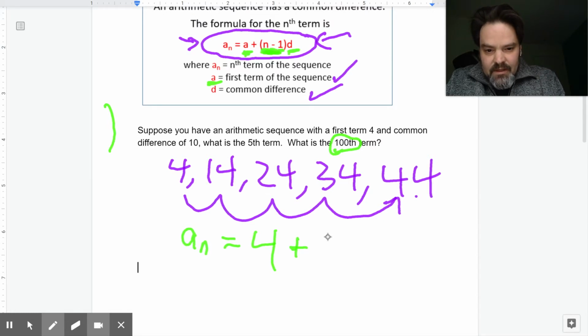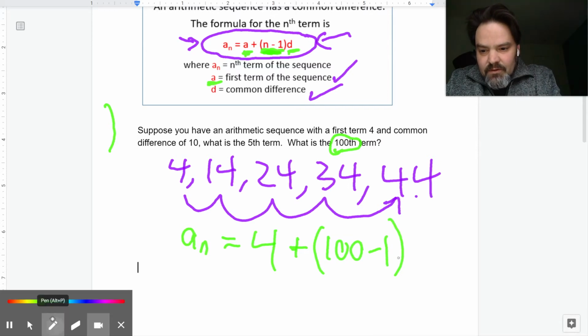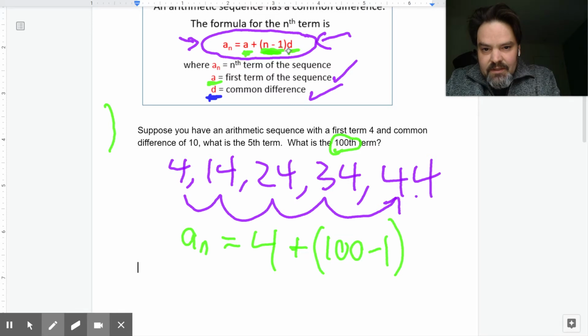So in this case, that's going to be 100 minus 1, or 99, like I said, times the common difference, which is d. The common difference in the formula is here. So that's going to be 99 times 10.